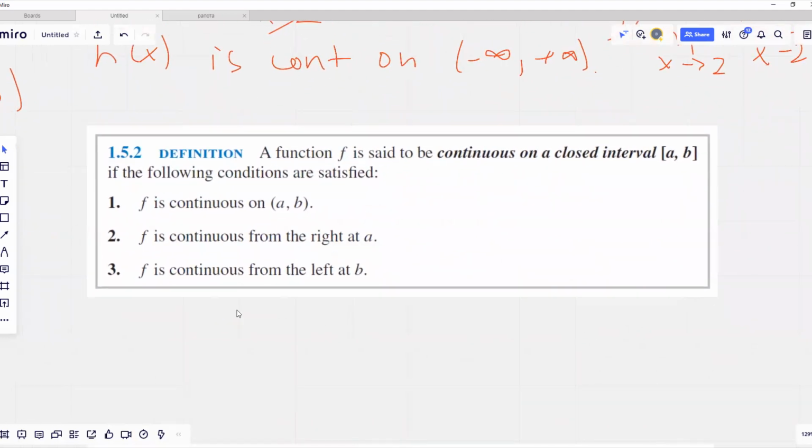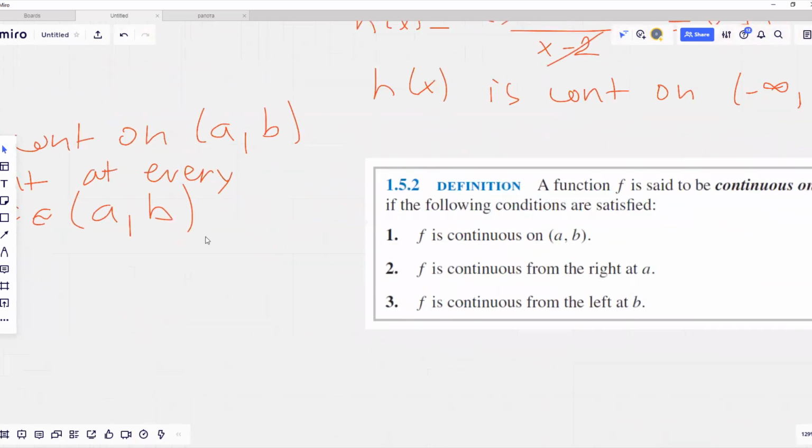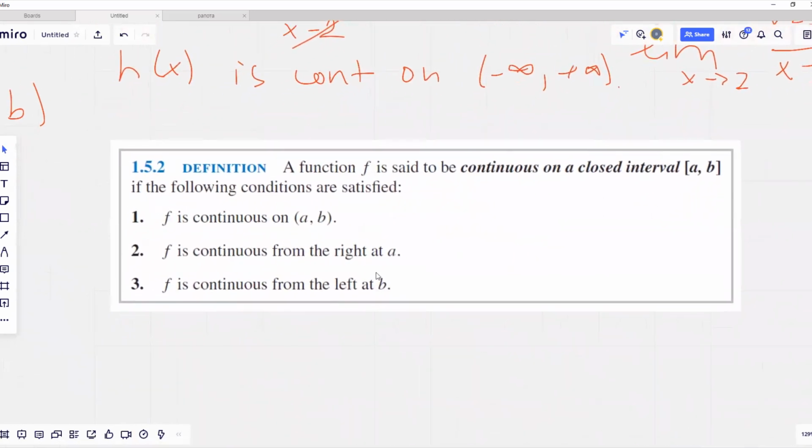All right, now we can extend that definition to a closed interval. A function f is said to be continuous on closed interval from a to b if the following three conditions are satisfied. First, it should be continuous on the open interval.